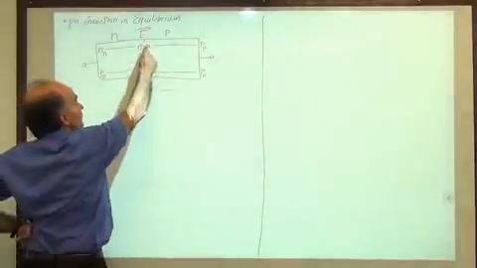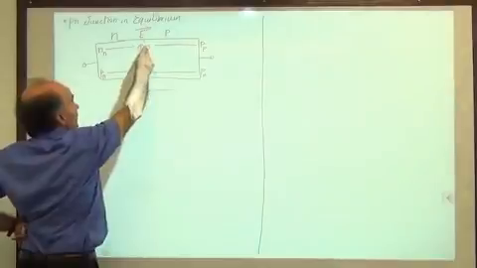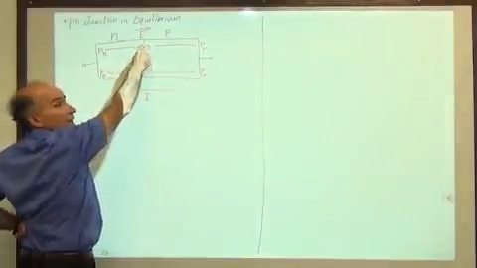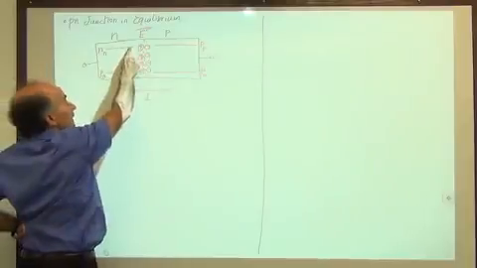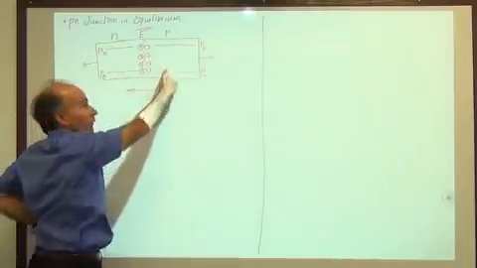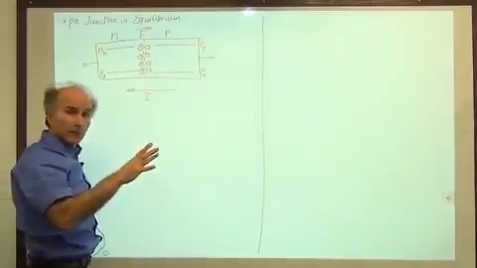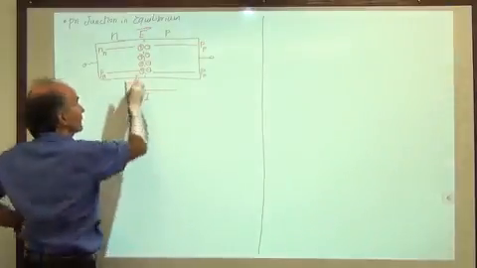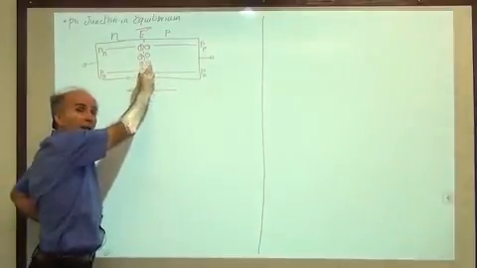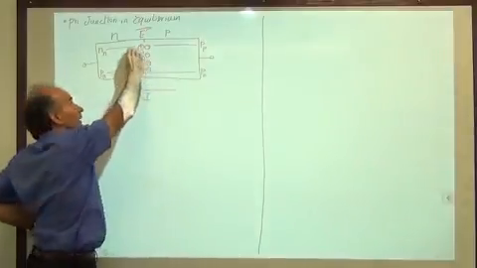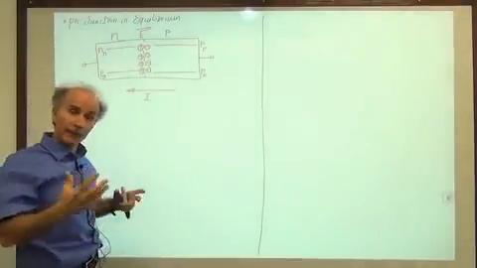Similarly, because of these negative ions here, the field says, if you bring a negative charge here, I want to push it that way. So if these free electrons want to diffuse this way, the electric field wants to stop them. So the electric field being created in this region is opposing the diffusion current of the electrons and the holes.